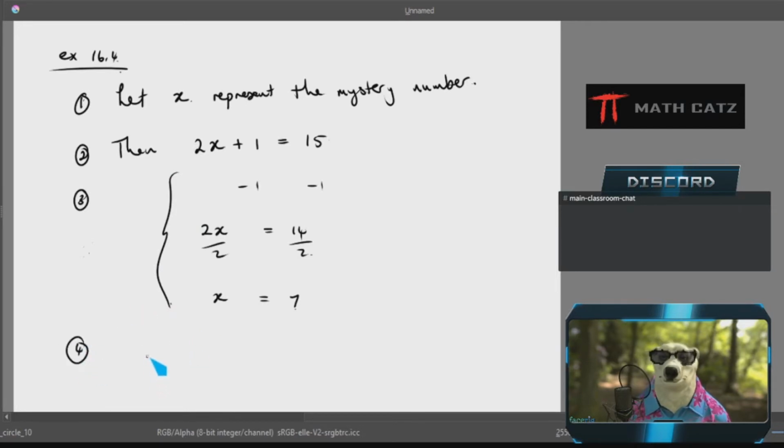See what happens. Then my original question was phrased in English. I am going to wrap everything up by saying my answer in the same language. The mystery number is 7.